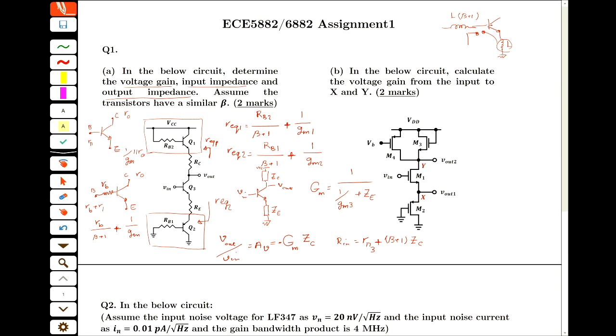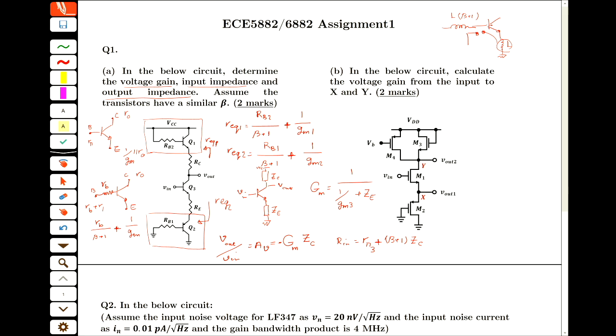You just need to replace the equivalent circuit for the transistors, MOS or BJT, no difference, with their equivalent impedance. In low frequency, definitely it's a resistor. In high frequency, you should consider the capacitors as well. For example, instead of only R pi, it is R pi in parallel with C pi. Okay? All right, the second one.